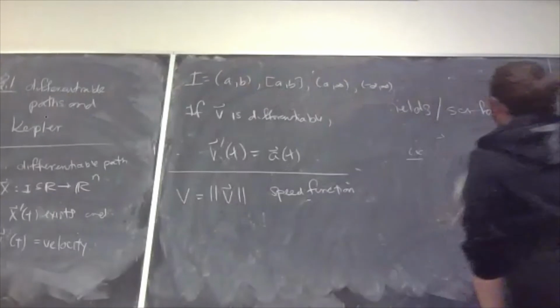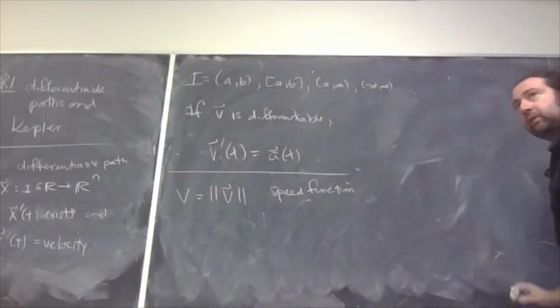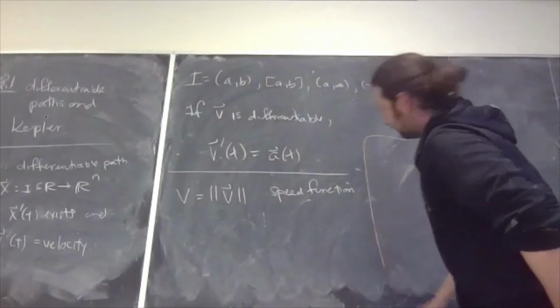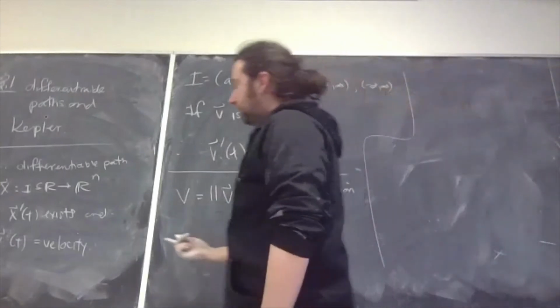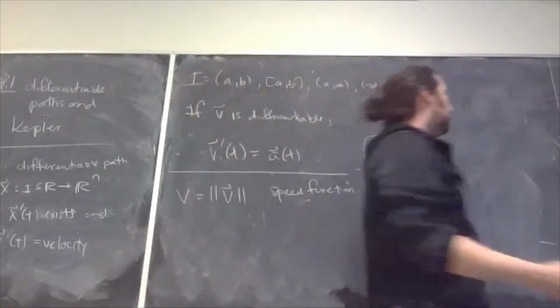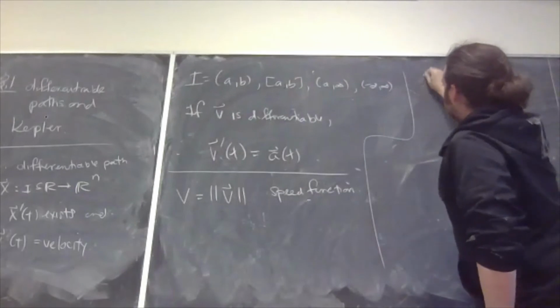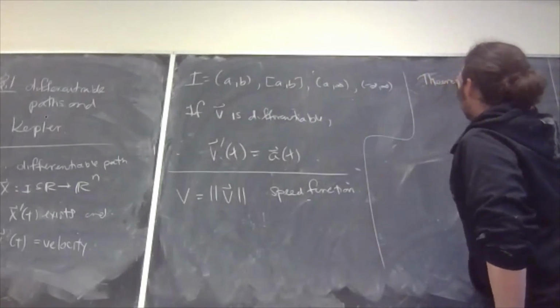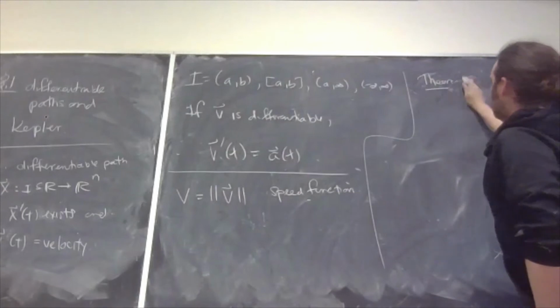Okay. One of the first things that we learn about paths is that if I have a differentiable path, I can always find a tangent line for it. The way I do it is like this. It's kind of not a very complicated theorem. It's not even a theorem, it's called a definition.